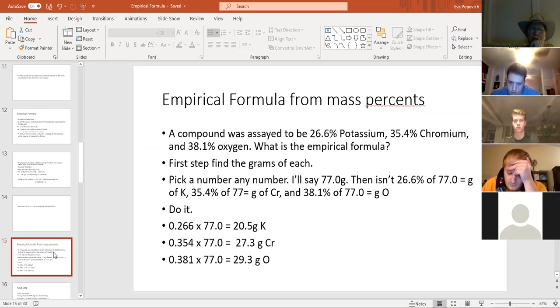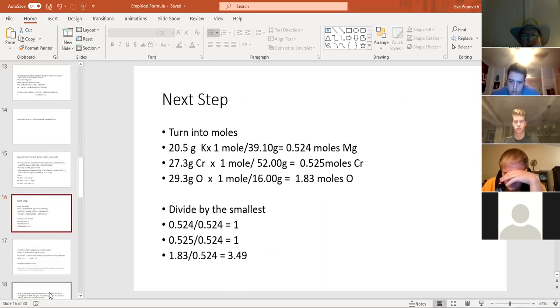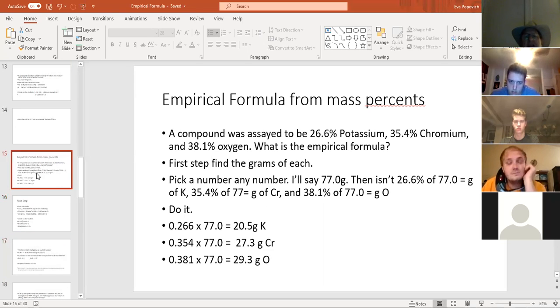And wouldn't 38.1 grams of that be oxygen? Isn't that true? Yes. If I did it for 77, these would be the amounts. So the easy way is to pick 100 grams.